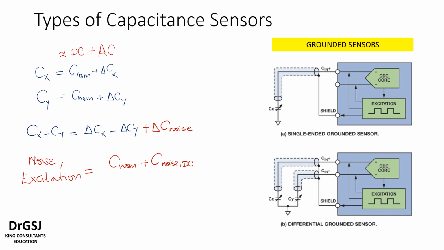And this delta C noise is given as the difference between the noise seen in the X sensor and the Y sensor. Right? So this is the impact of the capacitance sensors.